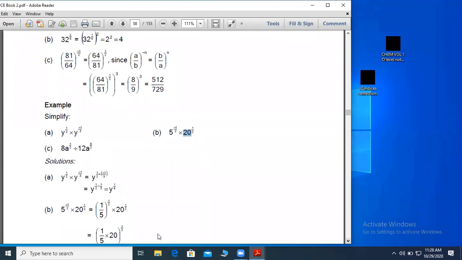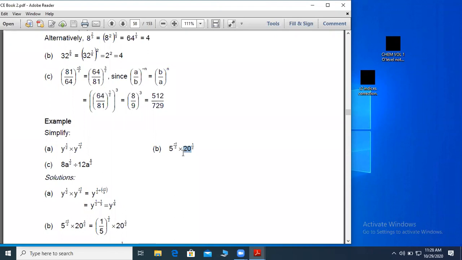For example, what is here is another method, and what I was telling you is also another method. So you continue with the one that I was telling you. In the second step, when you open the bracket, you are going to have 5 to power a half times 5 to power a half, then times 4 to power a half.